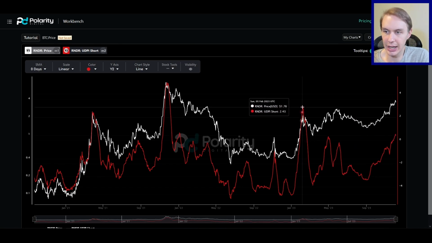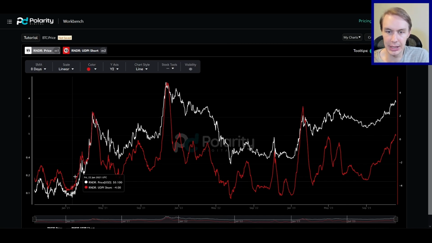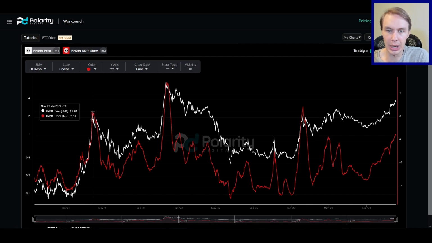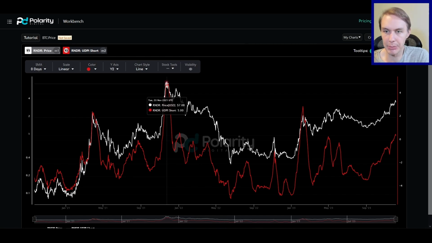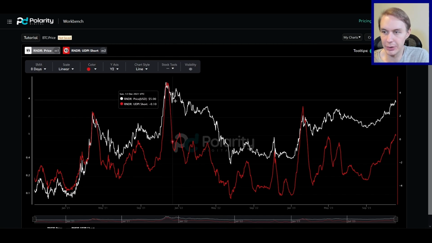It's not even as high as this first run that we saw coming into this year, where the short-term UDPI got up to 2.94 at its top here, and not as high as this peak that we had here, this kind of first peak back here, 2021, which is up at a UDPI short term about 2.31, and then of course the top was up right around 5 over here.